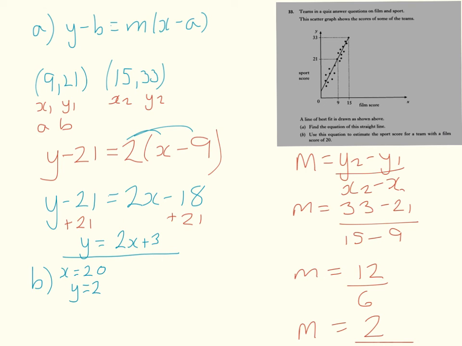So 2x means 2 times x. So when x is 20, it's going to be 2 times 20 plus 3. So we can estimate that if the team got a film score of 20, we could estimate that they would get a sports score of 43.